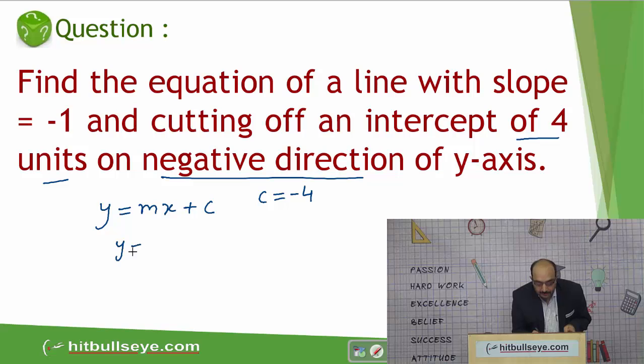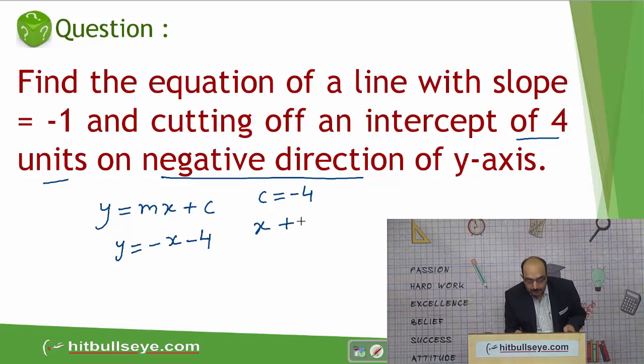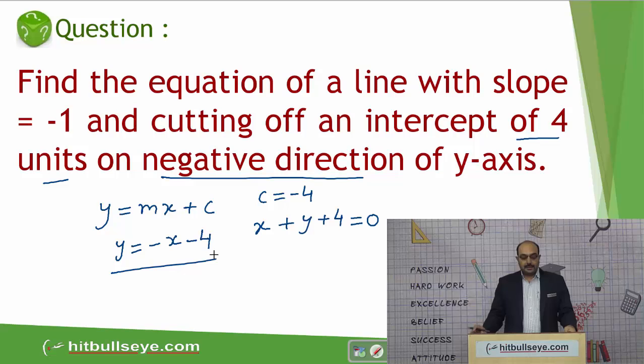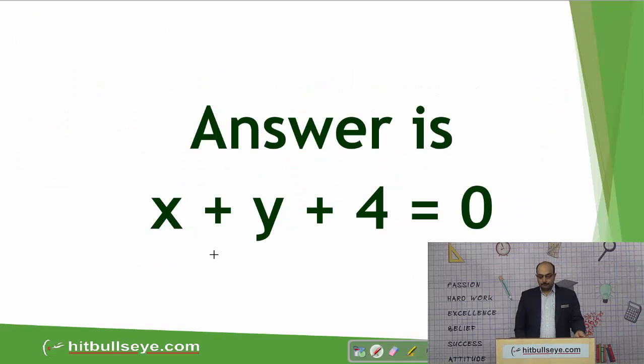Putting the values, we get y equals minus x minus 4. We bring x and 4 from right hand side to the left hand side, and the answer is x plus y plus 4 equals to 0.